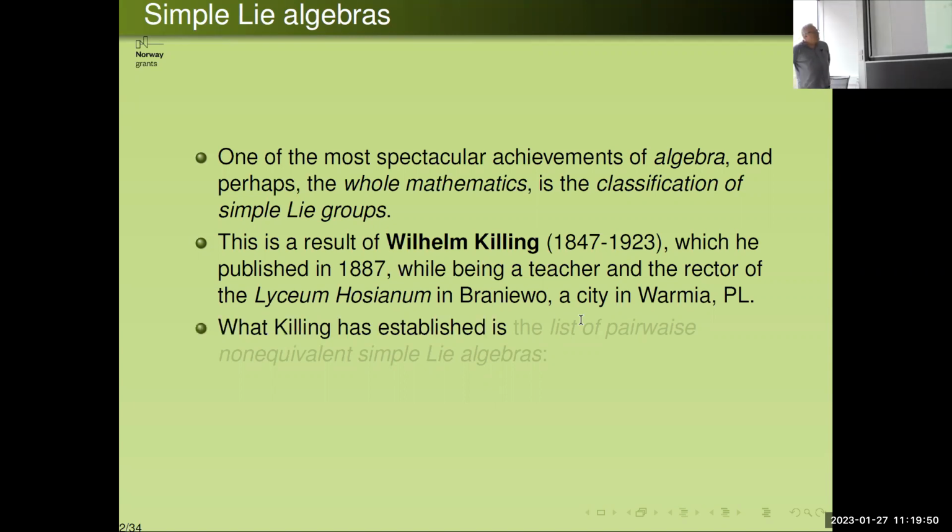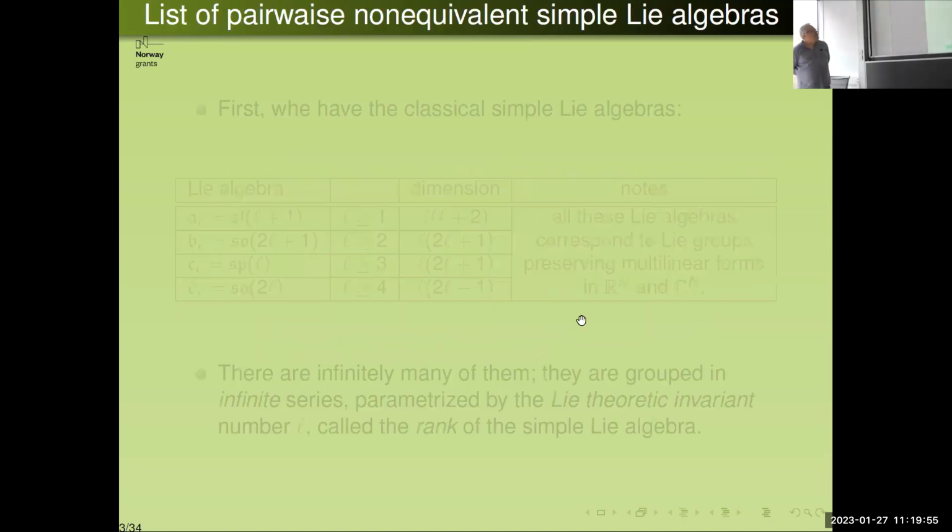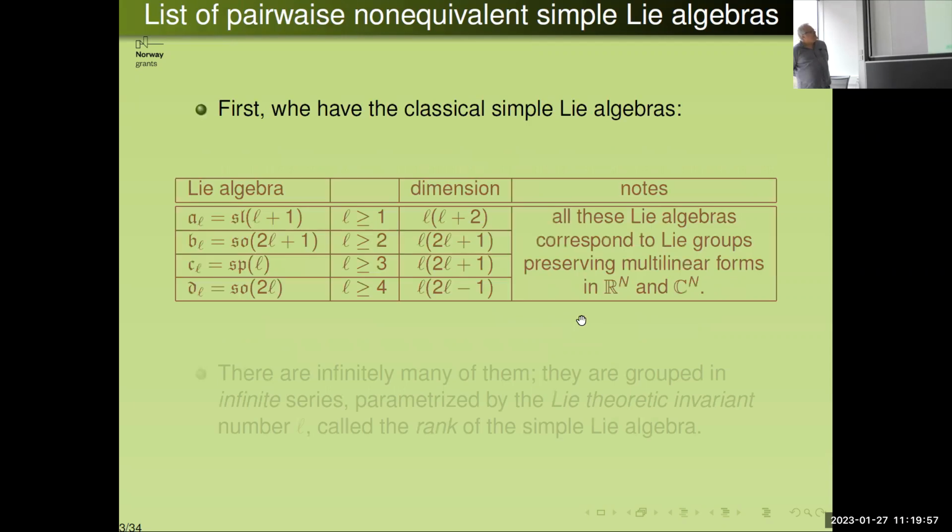So what Killing has established is the list of pairwise non-equivalent simple Lie algebras, and let me spell them out. So first we have the classical simple Lie algebras, which are A_L, B_L, C_L, D_L.